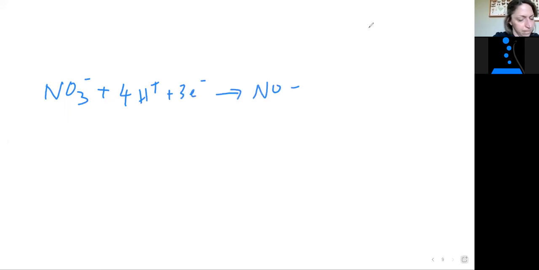Since you guys mentioned nitrate, give me a second just to write a couple half reactions up here. I'm taking them straight off the white sheet. So there's that one we're just talking about with nitrate, and this is 0.96. And then I'm going to give you guys a couple other ones.